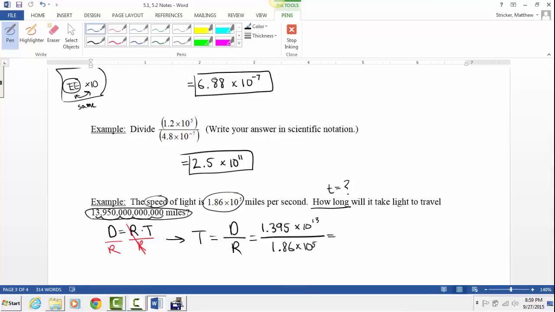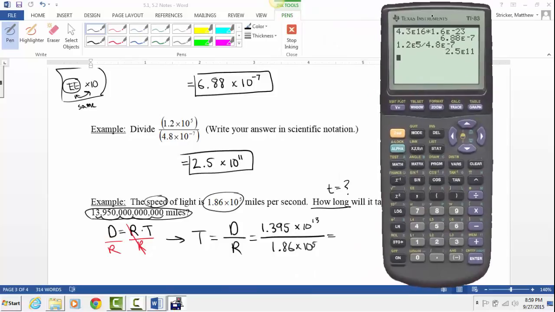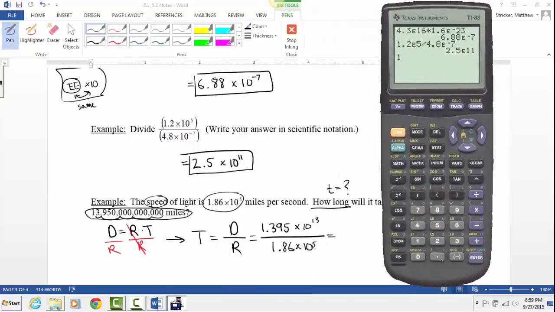So if I put that in my calculator, I get 1.395 E to the 13th divided by 1.86 E to the 5th.